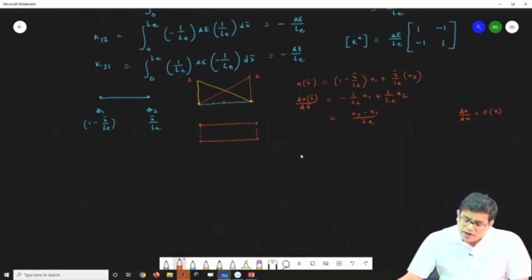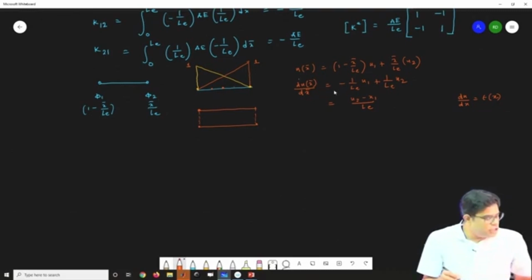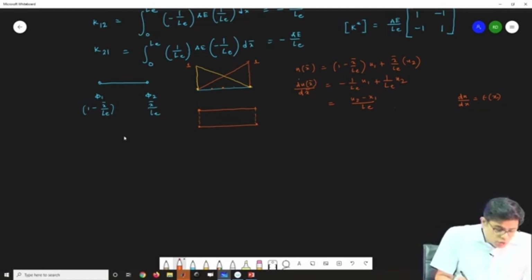Now if you look carefully, these functions can also be found from a Lagrange polynomial approximation very easily. So what is the Lagrange polynomial?